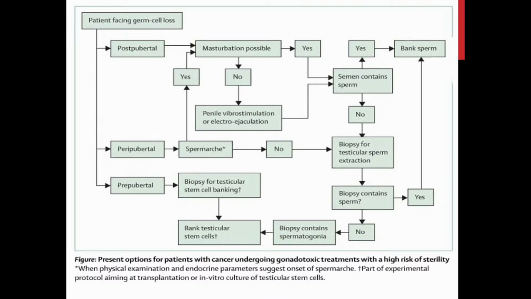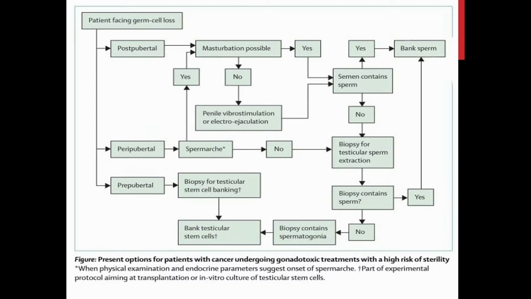So if patients can produce sperm through masturbation, postpubertal or peripubertal, you sperm bank. If peripubertal and they cannot masturbate, you can do penile vibratory stimulation or electroejaculation.